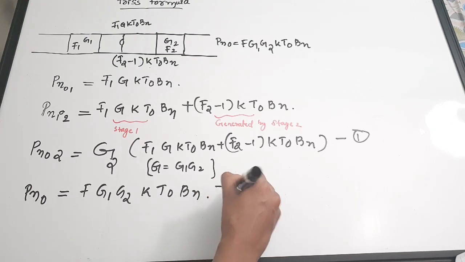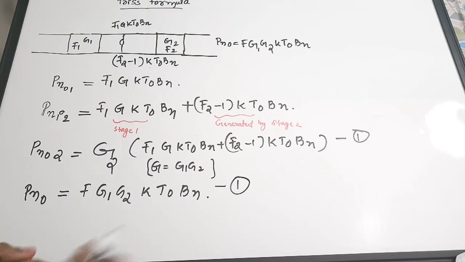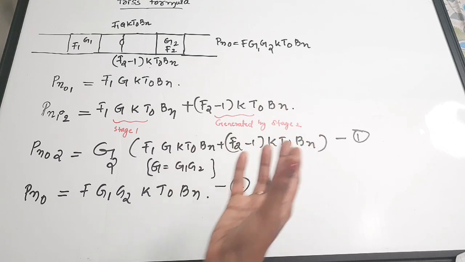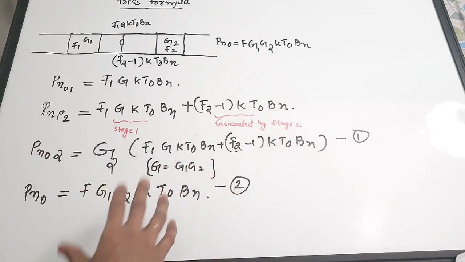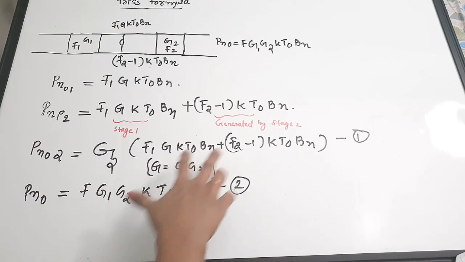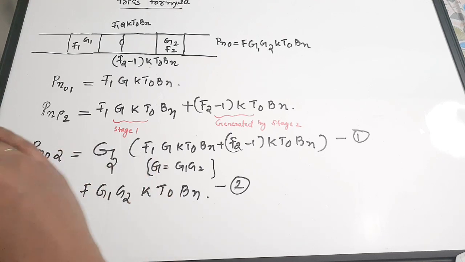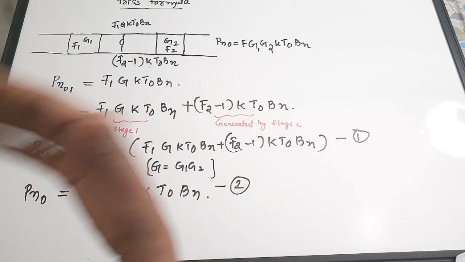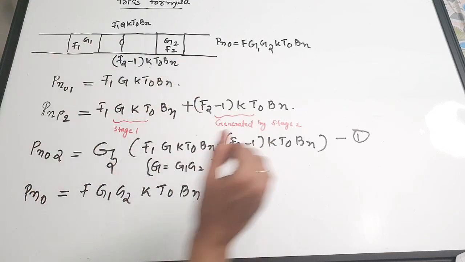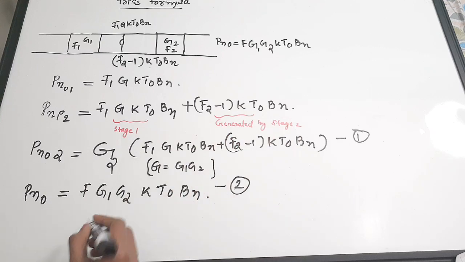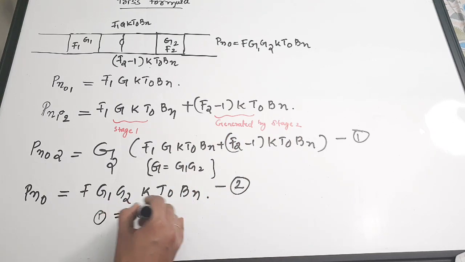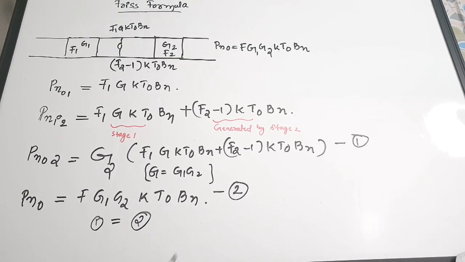Sorry, we'll take this as equation 2, and we know that equation 1 is equal to equation 2. Why? This is the thing which we have taken, and this is the thing actually coming to the output side. Here we have taken the noise factor as F, but we know that our total noise is coming from stage 1 and stage 2, which will be this. So we are going to equate equation 1 with equation 2.